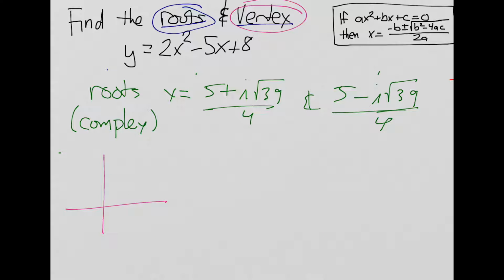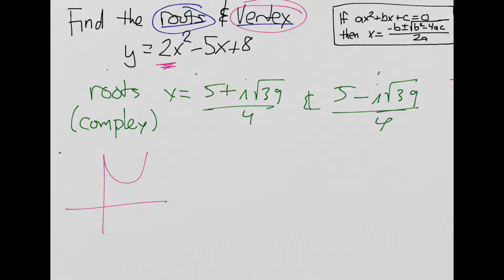Again, this is going to look something like this. I know it's going to open up because my A value is positive. So the vertex has to be above the x-axis going up.